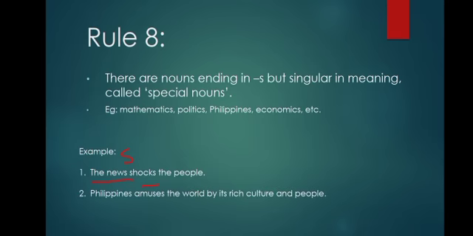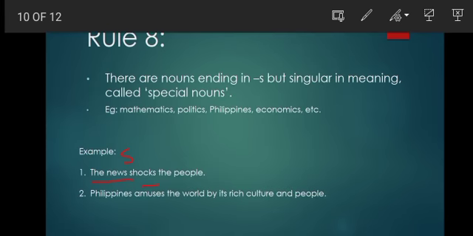Okay, next. The Philippines amuses the world by its rich culture and people. So Philippines is the subject and it is in singular form, and amuses is the verb, right? We used the word amuses because it is in singular form.